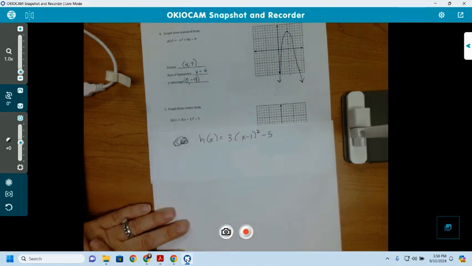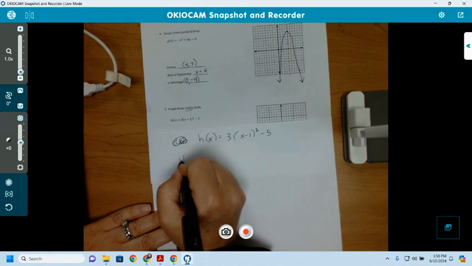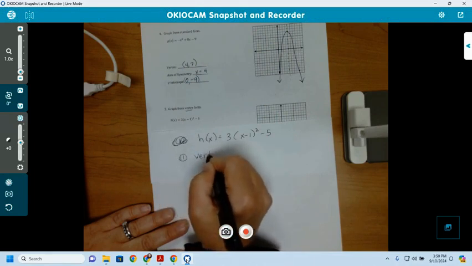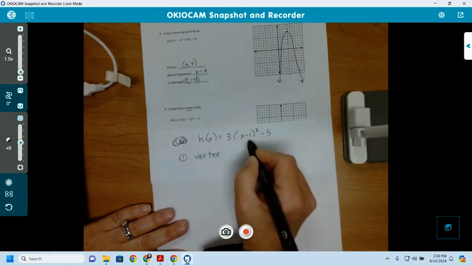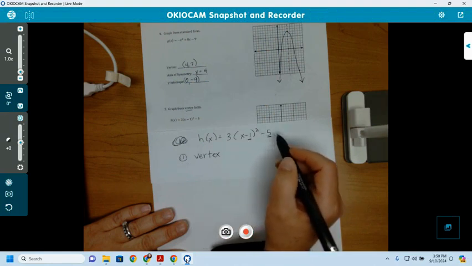I hope you're looking at your flip book. What is the very first thing we can find in the vertex form? It's in the name, vertex form. Number 1, we find the vertex. The vertex is always h and k.